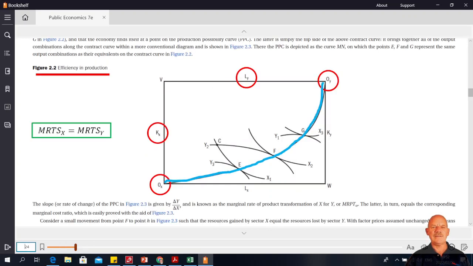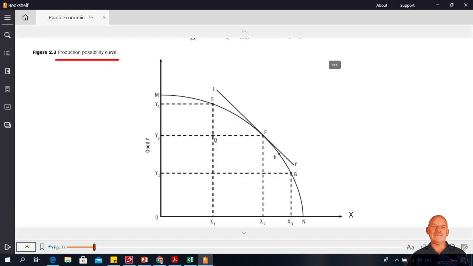What we didn't have last time was that the production possibility curve comes from an Edgeworth box where we have capital and labor on the vertical and horizontal, and we show exactly how the prices of capital and labor determine how much of it the producers of X and Y will employ to produce certain quantities of X and Y. But the result is the production possibility curve, and the slope of the curve is the marginal rate of product transformation.